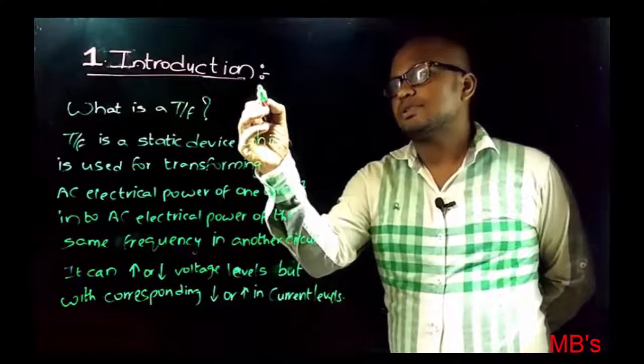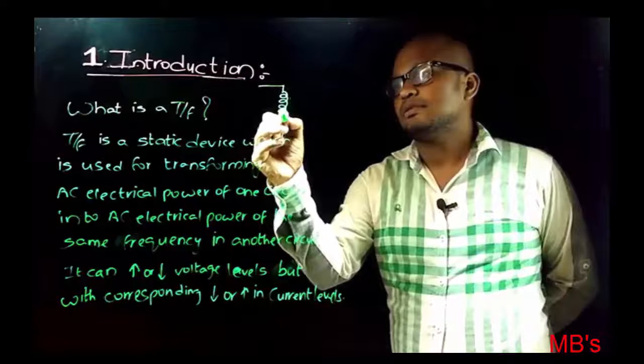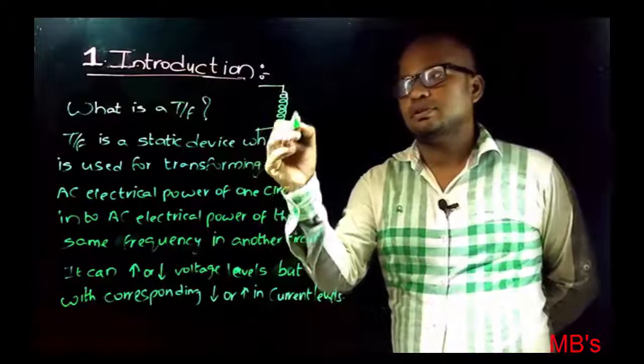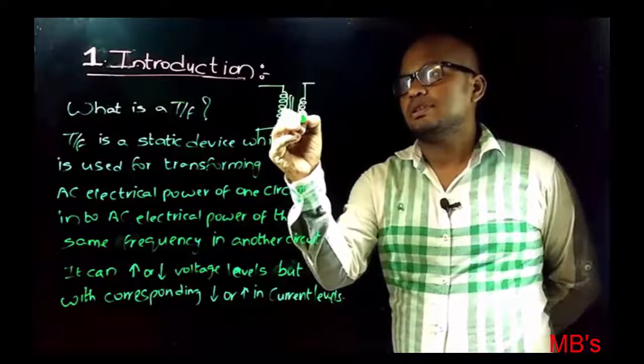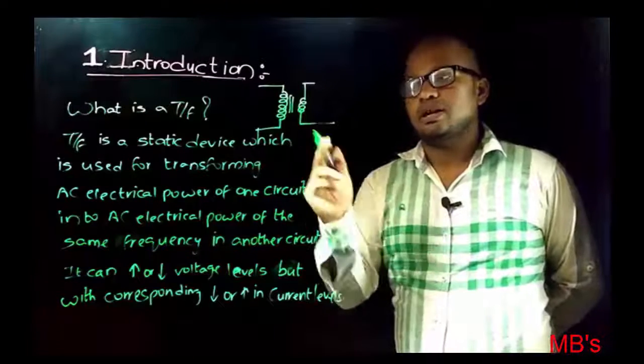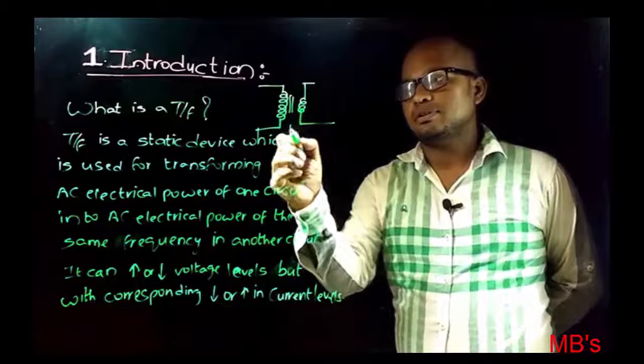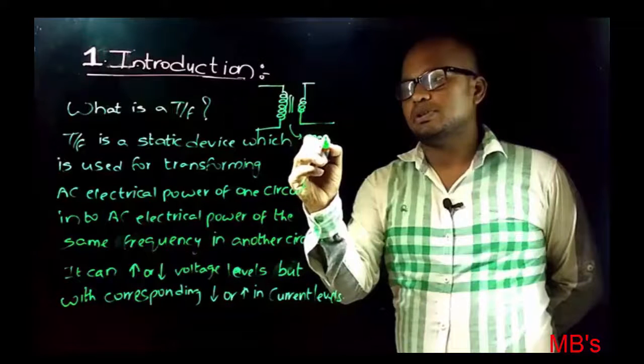Suppose this is the one circuit and let us suppose this is the another circuit, and these circuits are magnetically coupled.